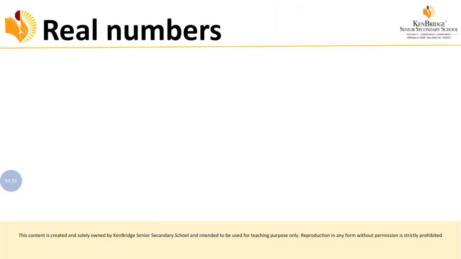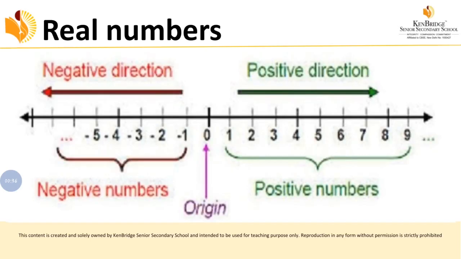So real numbers. What is the meaning of real numbers? What are all the numbers that come under real numbers? We know that real numbers are the numbers present on the number line. On the number line we have all types of numbers, negative numbers as well as positive numbers. Here in this picture I have shown a number line.